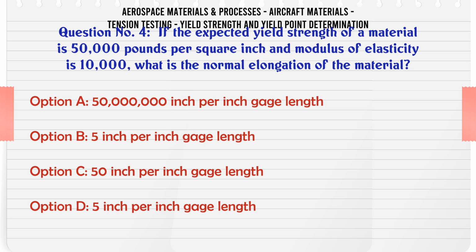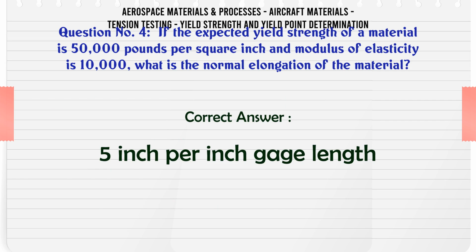A 50,000 inch per inch gauge length, B 5 inch per inch gauge length, C 50 inch per inch gauge length, D 5 inch per inch gauge length. The correct answer is 5 inch per inch gauge length.